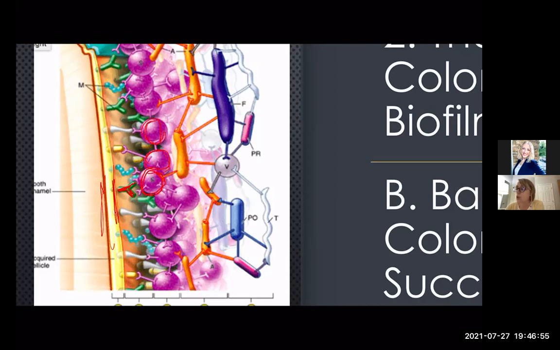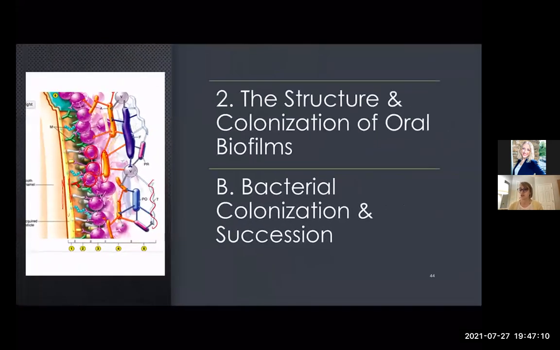So cocci are always first to colonize. Then we have these rod shapes, and then eventually we get to these spirochetes. So this is what I was talking about with aggregation of bacteria. The early colonizers are the cocci, and then we move forward from there.